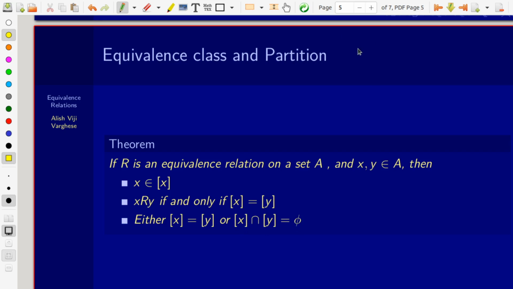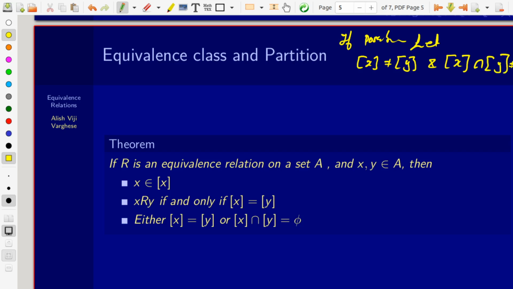In order to prove this, we start by assuming the converse of the statement, if possible. We let the equivalence class of x not be equal to the equivalence class of y, that means x is not related to y, and the equivalence class of x intersection the equivalence class of y is not equal to the null set.